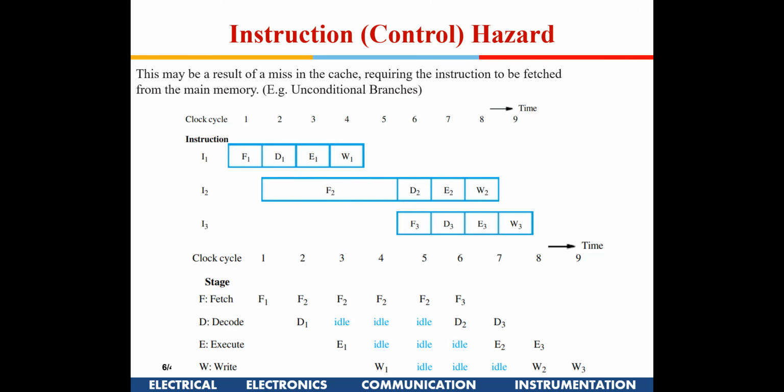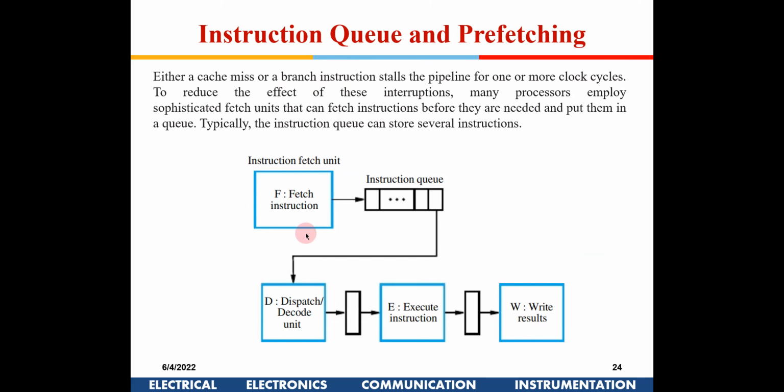So that particular bunch of instructions from that new location needs to be fetched from the main memory to the RAM and to the cache memory. So it will take time. So this kind of stalling can happen whenever we are encountering unconditional branches also, right? That is known as missing of cache memory, right?